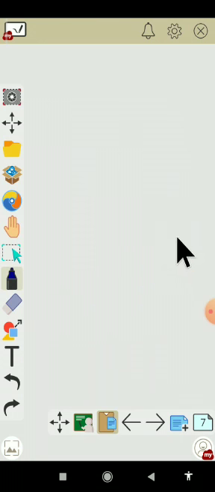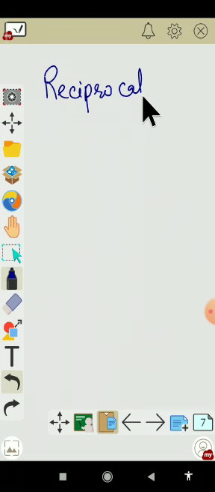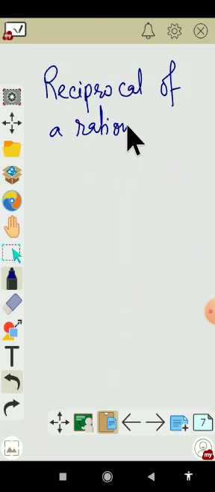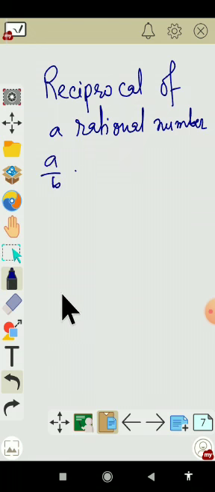Now next we will see the reciprocal of a rational number a by b. What will be the reciprocal?